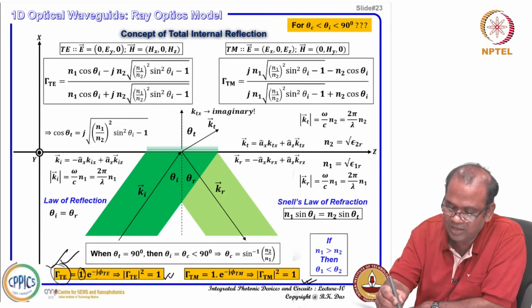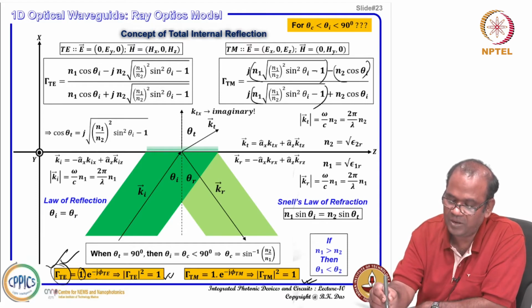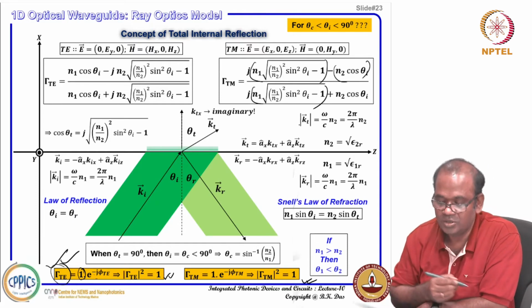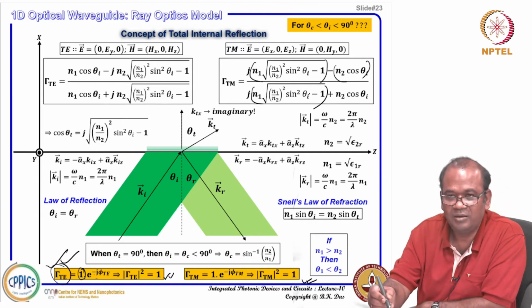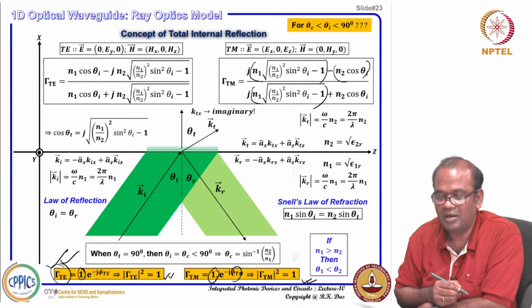Similarly, this is also complex and this is its complex conjugate. This is your imaginary part and this is your real part, and a plus minus sign is there. There also you will be getting reflection coefficient 1, and upon reflection a certain phase will be there.